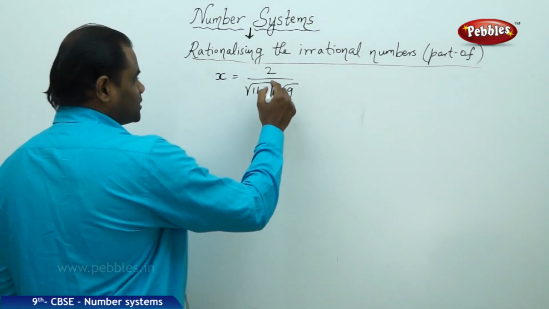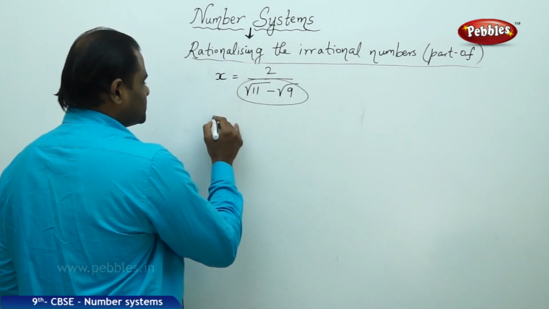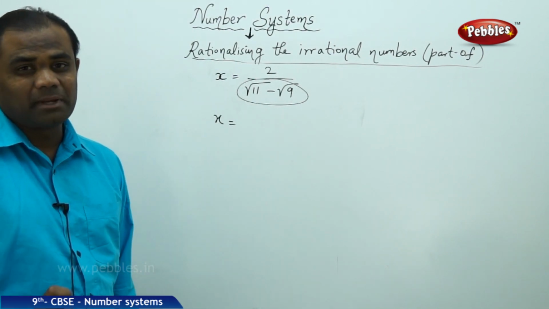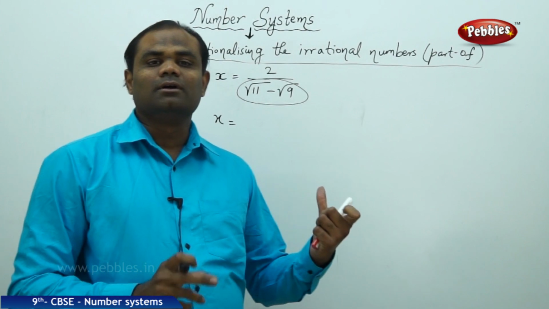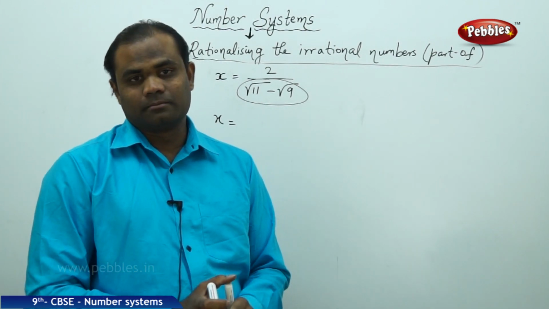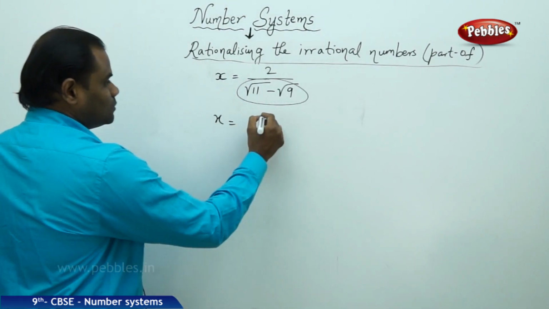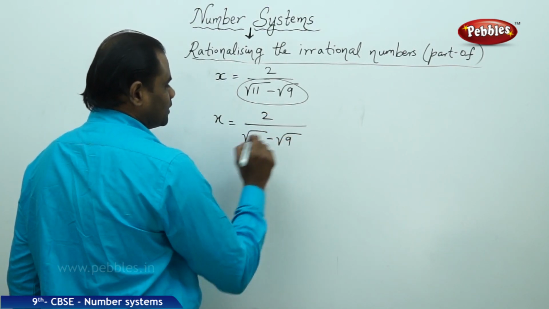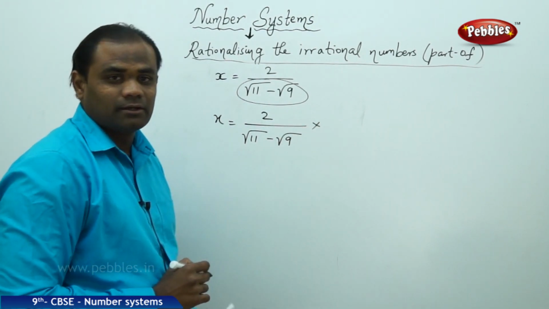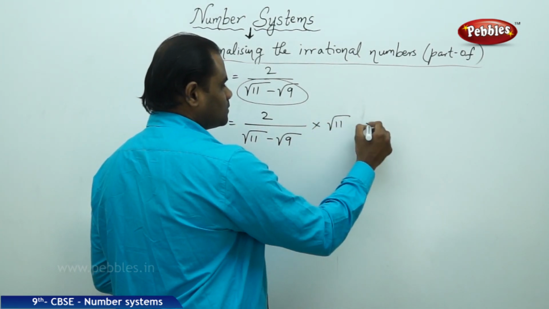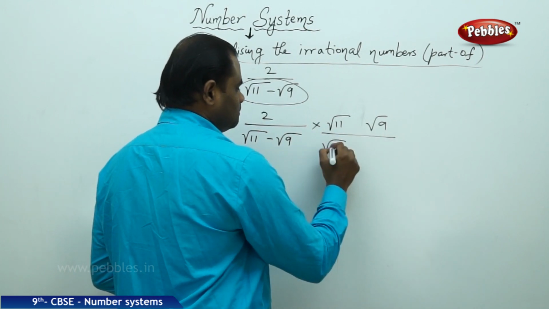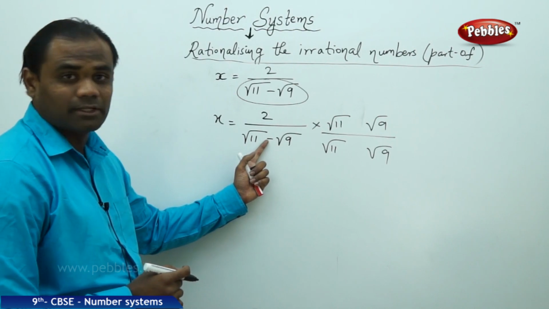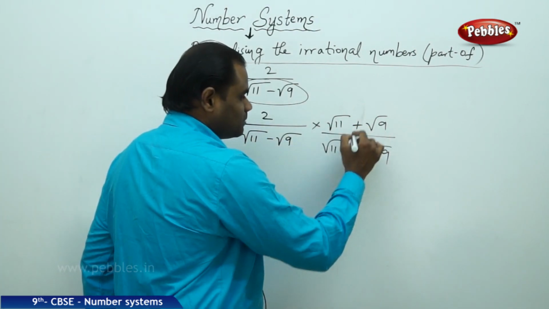So in order that I rationalize this denominator, the concept in case of two added or subtracted numbers is that I multiply and divide with the same numbers with opposite sign in between. That is, when I have 2 by root 11 minus root 9, then I multiply and divide with the same irrational numbers but with opposite sign. If I have minus in the given question, I have plus, which I multiply and divide.